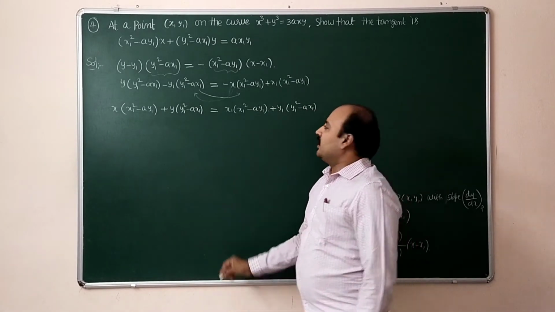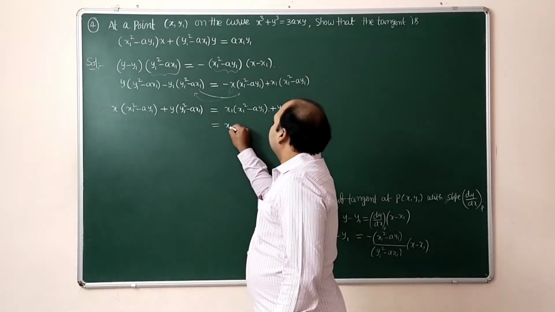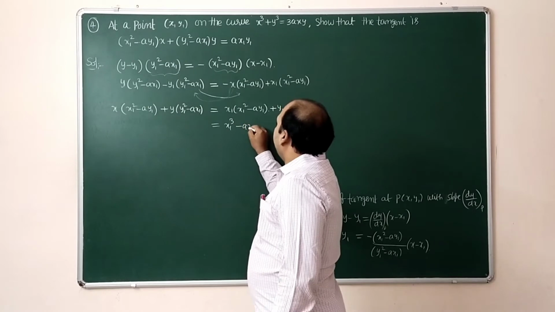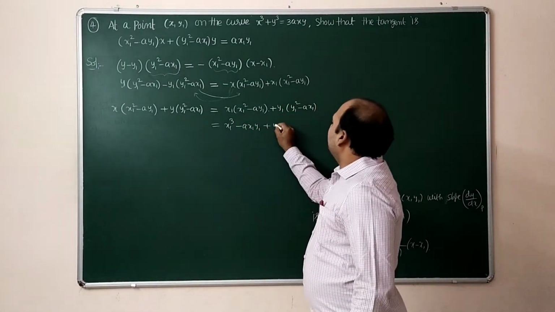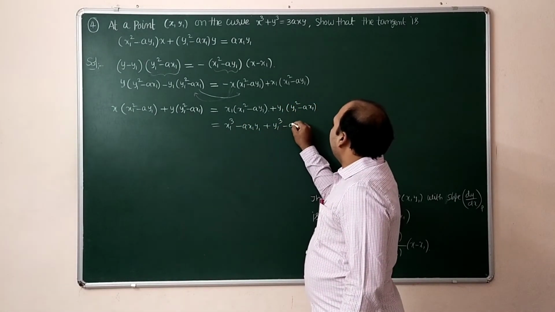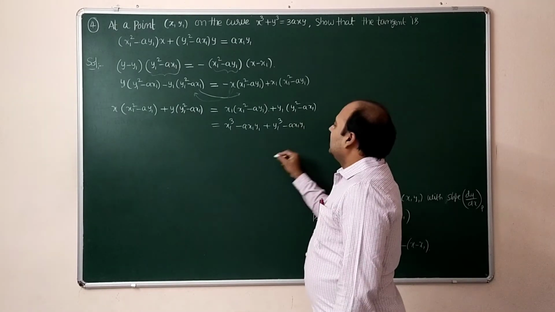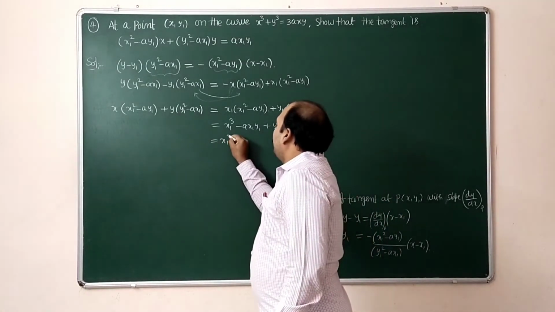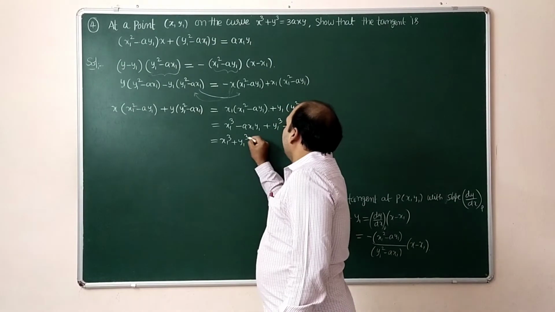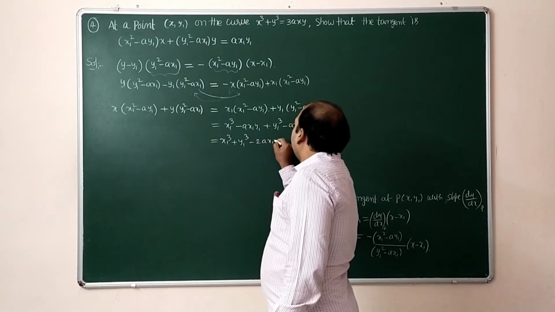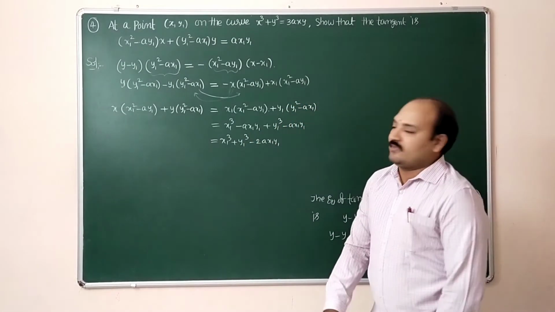Now actual multiplication and simplification: x1 cube minus ax1 y1 plus y1 cube minus ax1 y1. So x1 cube plus y1 cube minus 2ax1 y1 minus ax1 y1.